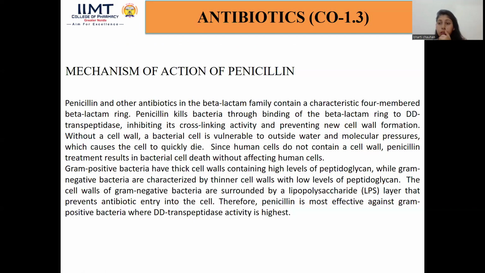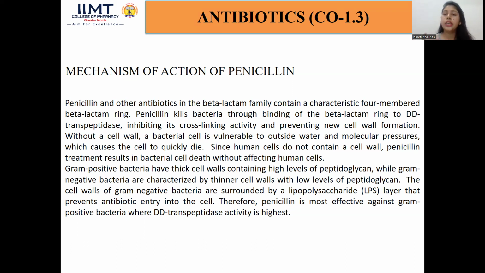So about the mechanism of action of penicillin. Penicillin and other antibiotics in the beta-lactam family contain a characteristic 4-member beta-lactam ring. Basically, it acts by inhibiting the synthesis of the bacterial cell wall. How does it inhibit? There is an enzyme, DD transpeptidase, which works by cross-linking the peptidoglycan chains present in the cell wall.